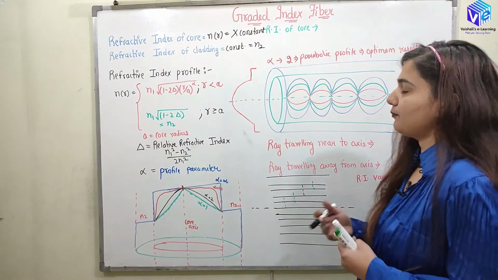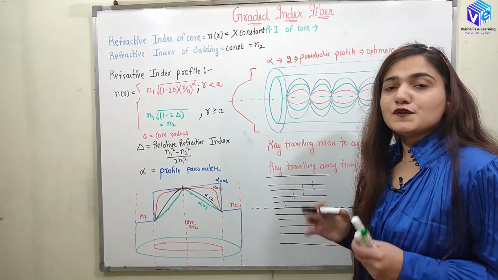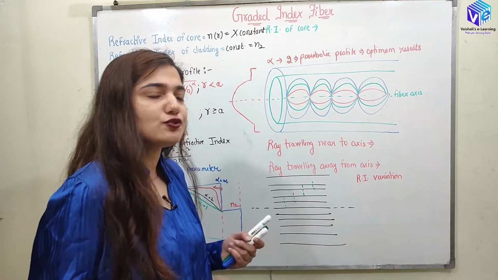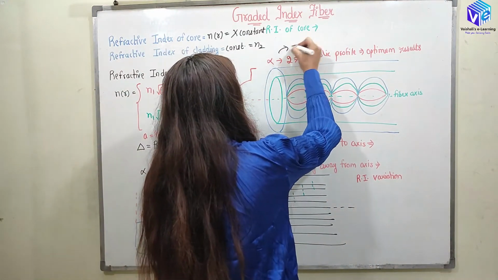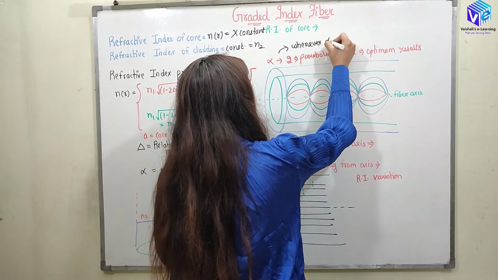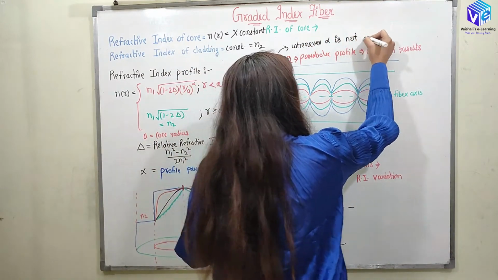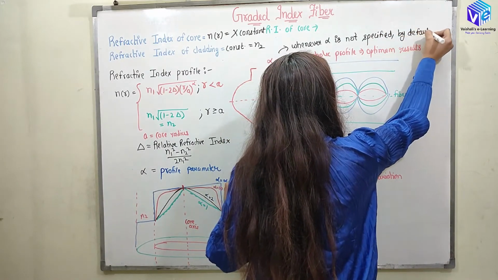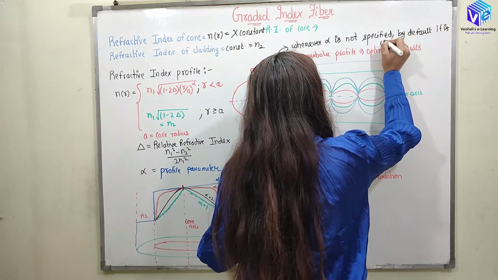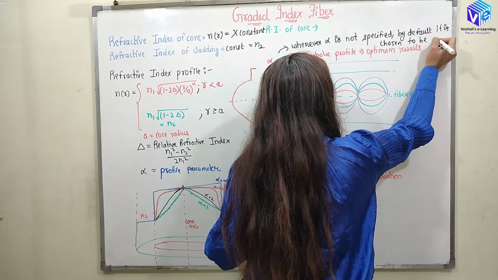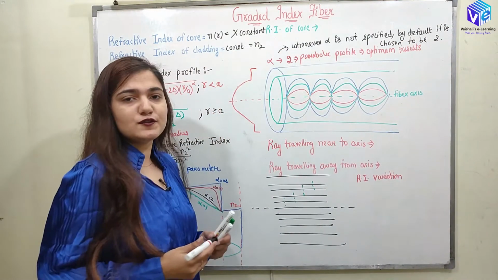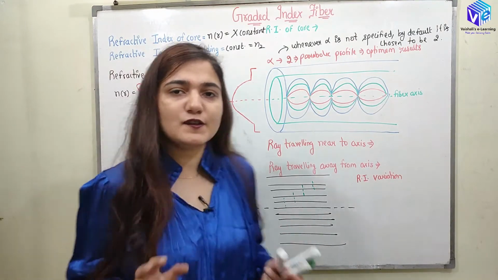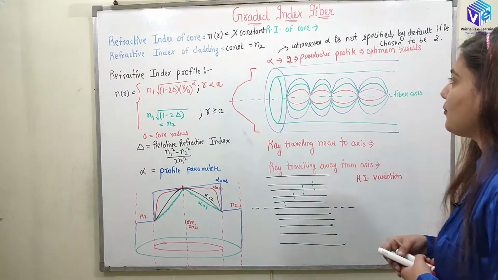So whenever alpha is not specified, I choose alpha equal to 2. By default it is chosen to be 2 because I get the optimum results when alpha is 2, or when I am getting the parabolic profile.